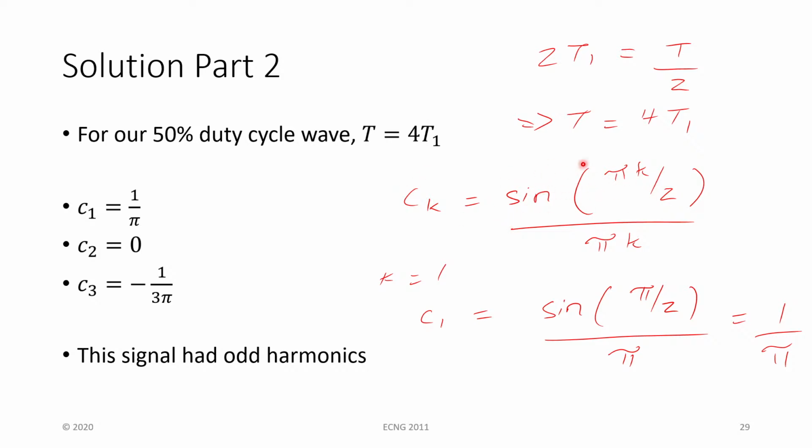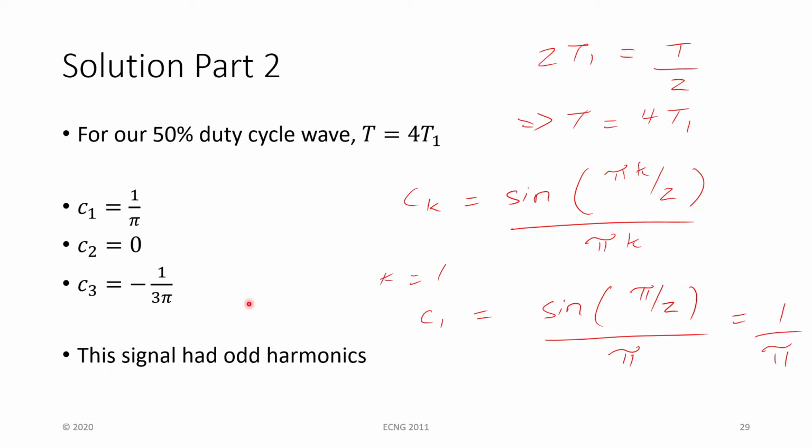So this entire thing here will resolve to 0 for when k is equal to 2, so c2 goes to 0. And then for c3, this will be 3 pi on 2 here in the brackets, and that's basically sine of 270 degrees, which will be negative 1 on the numerator. And k here was 3, so that's 3 pi on the denominator, so that's how we get minus 1 on 3 pi.